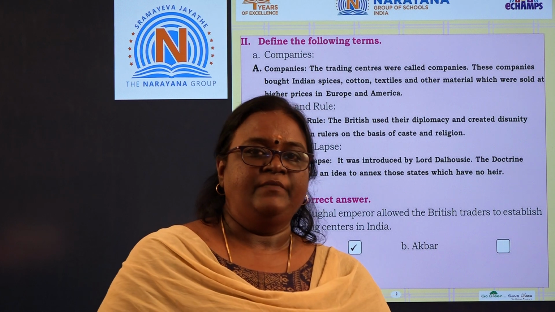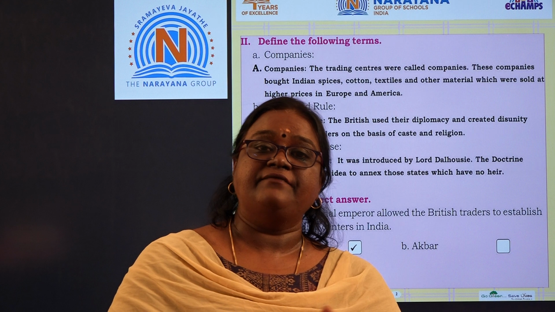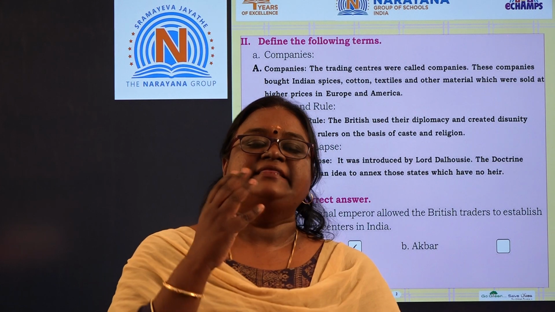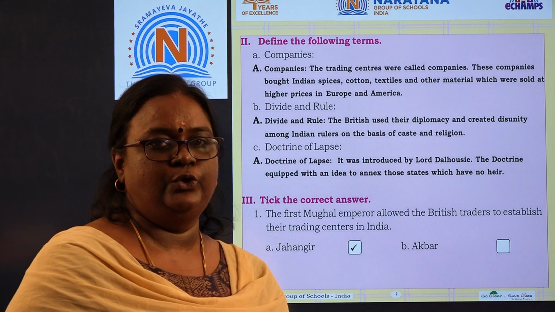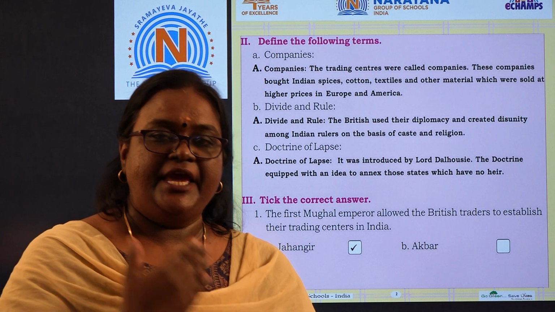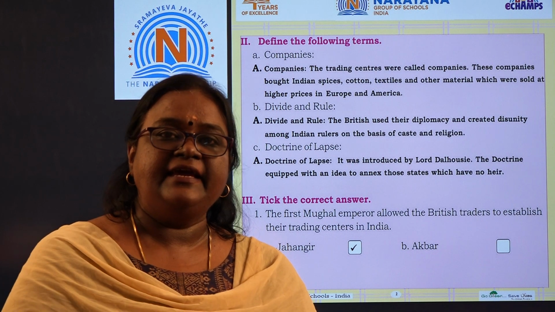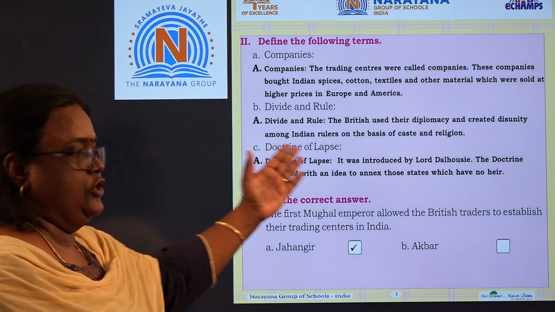If a king did not have a son of his own, that is, no heir, then that part of the country would come under British rule. This was the major thing which made us Indians think and fight against the rule. So this is called the Doctrine of Lapse.